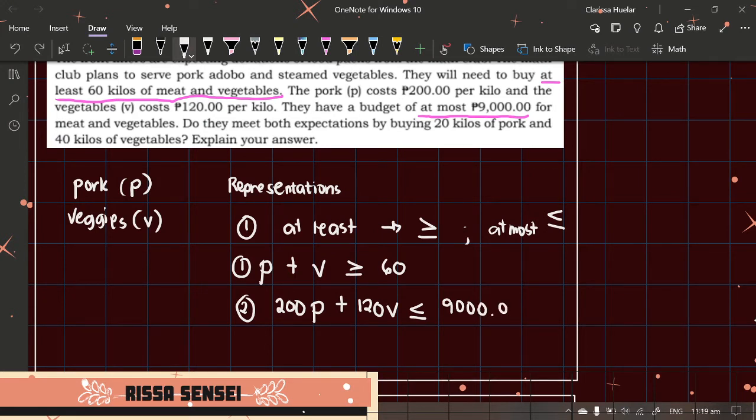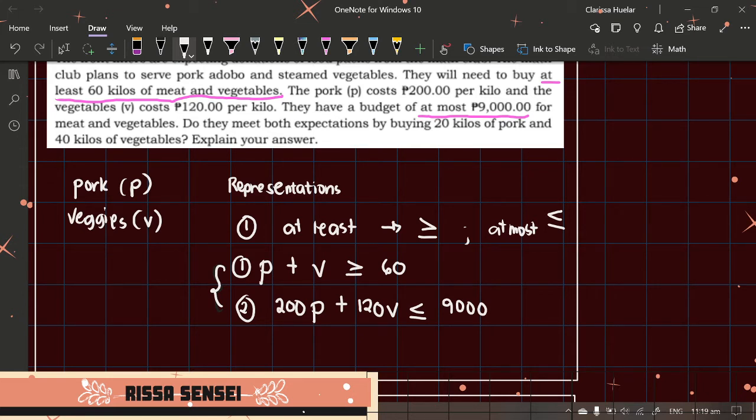Do not need to include the cents. Okay. Ayan. So this is our system. Okay. Yung system natin. And the question is, do they meet both expectations by buying 20 kilos of pork and 40 kilos of vegetables?